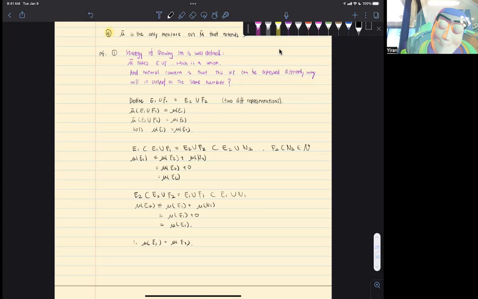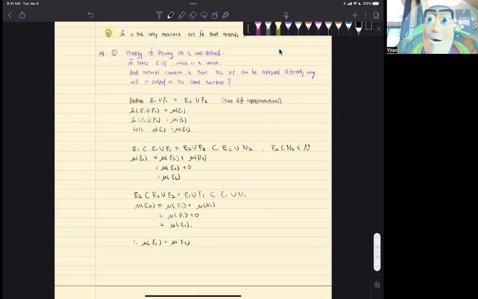So mu tilde of E is equal to mu of E, which is equal to mu bar of E, and we argue that mu tilde of E union F is equal to mu bar of E union F. For we know that mu tilde is equal to mu bar on M already because both of them are extensions of the measure mu.